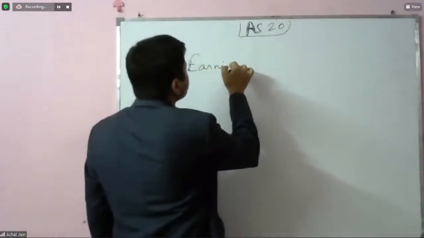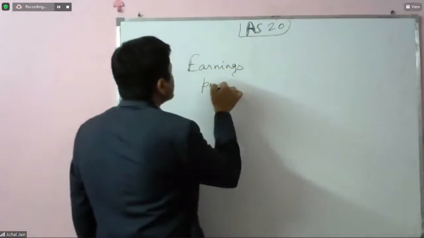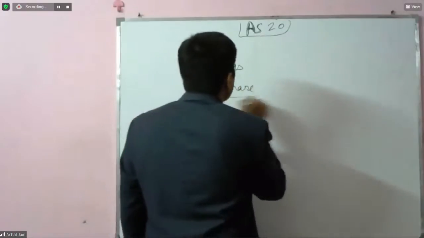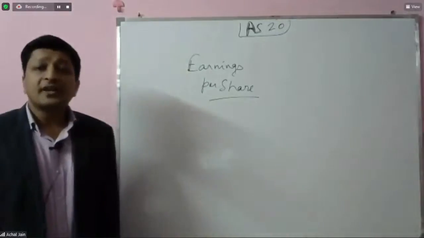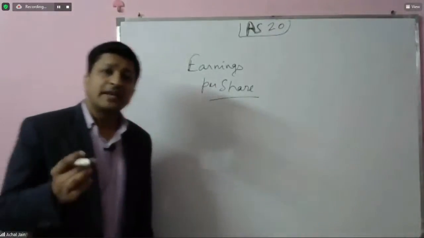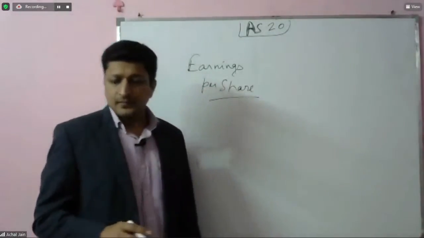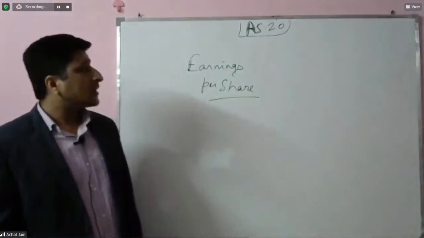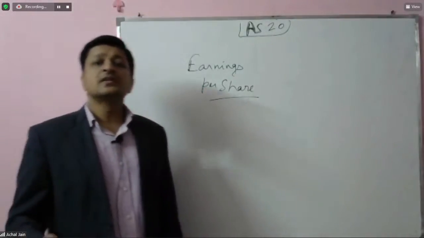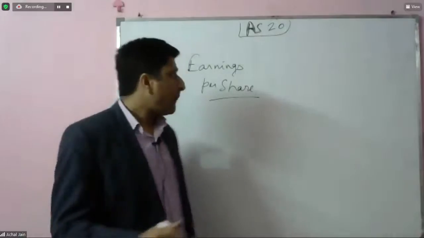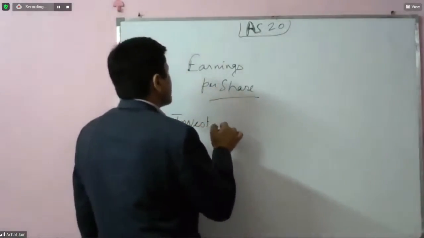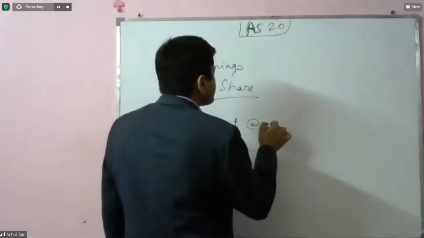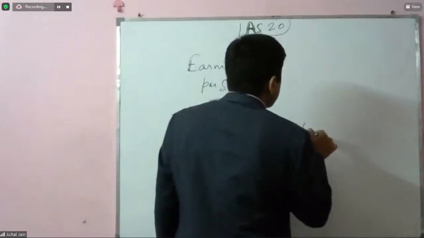Earning per share. Say a shareholder invested money in a company, and when he invested money in the company, the share price was rupees 10 only. Investment which he made was at the rate rupees 10 per share.